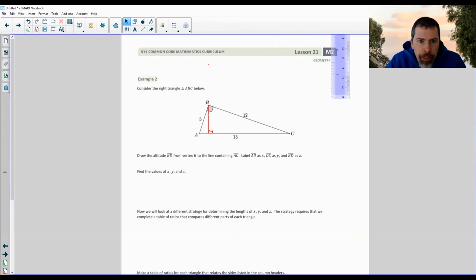Okay, so there is the altitude BD from B down to AC.